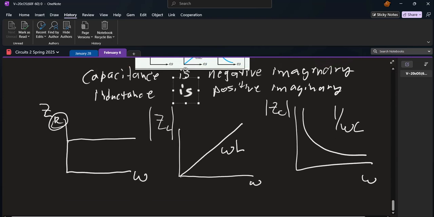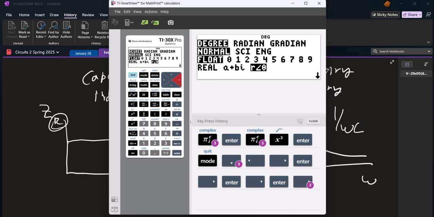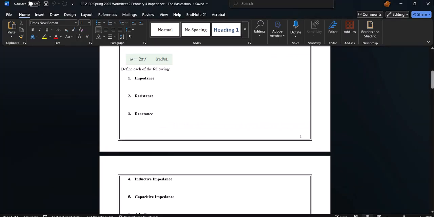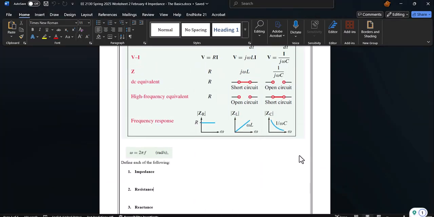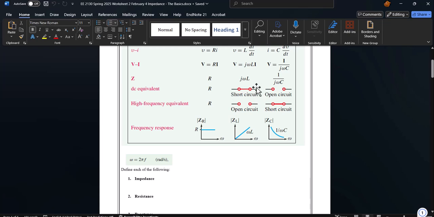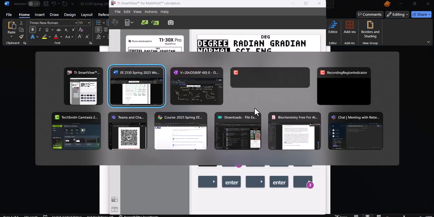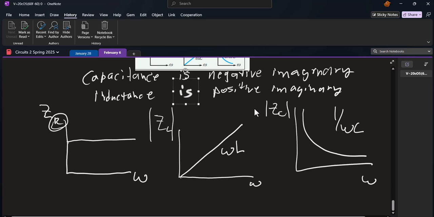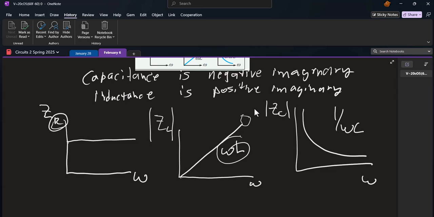So what this means is for high frequencies, the inductor is going to act as an open circuit, because if we look at our graphs, for a high frequency, the inductor has very high impedance.